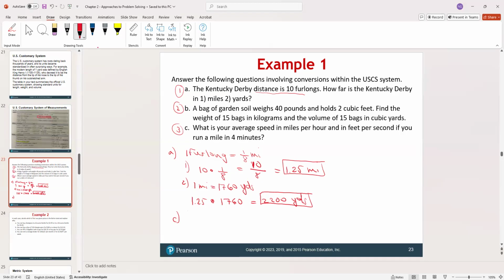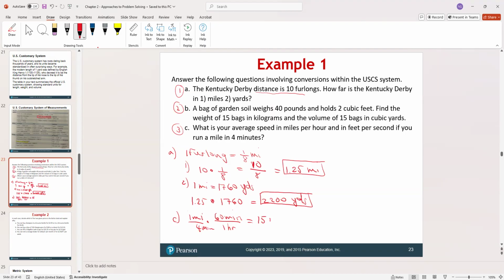If you multiply 1 mile per 4 minutes by the 60 minutes you have in 1 hour, 60 divided by 4 is 15 miles per hour.